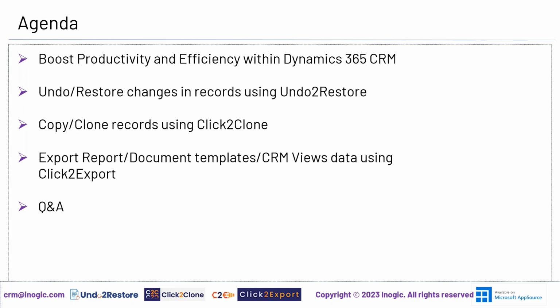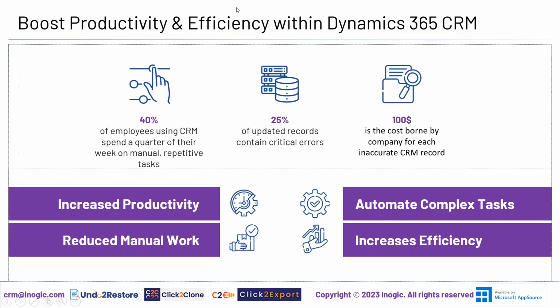Now, I'm a man of numbers. Being in business development, numbers have always fascinated me. So allow me to enrich you with some shocking and surprising numbers. 40% of the employees who are using CRM spend a quarter, 25%, of their week on manual repetitive tasks.